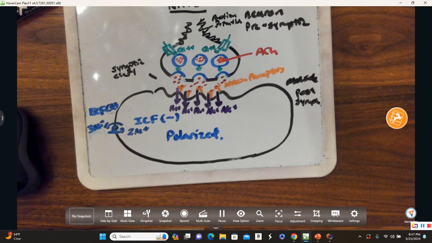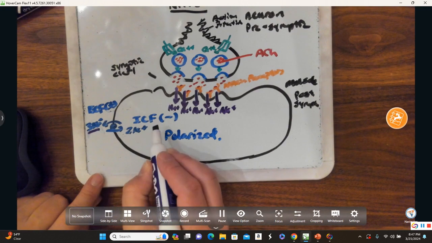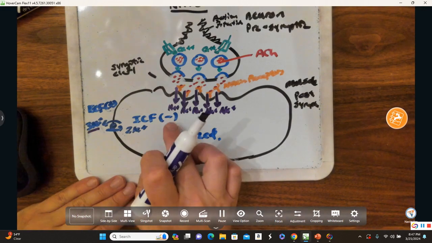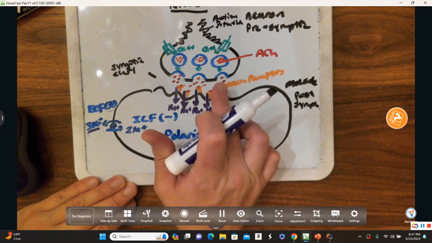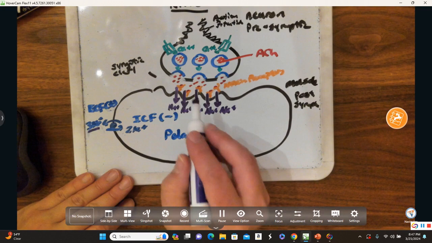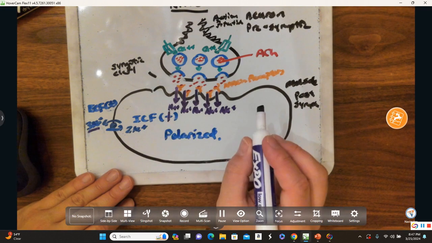Number one, remember, there's high sodium out, low sodium in. Concentration gradient. Also, ICF is negative, and sodium is a cation, positive. Opposites attract. So all this sodium comes in, and this cell gets quite positive.